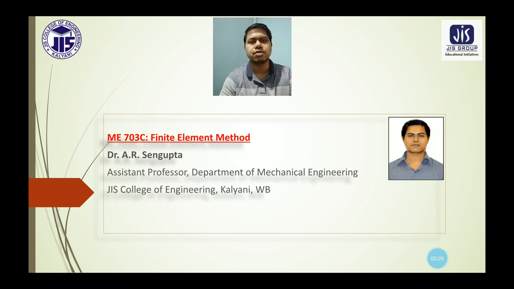There we saw that there are 7 different steps for the Rayleigh-Ritz method, and for the beam or bar element we need to follow those 7 steps to solve those problems.